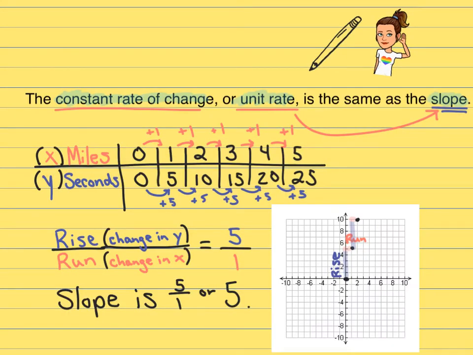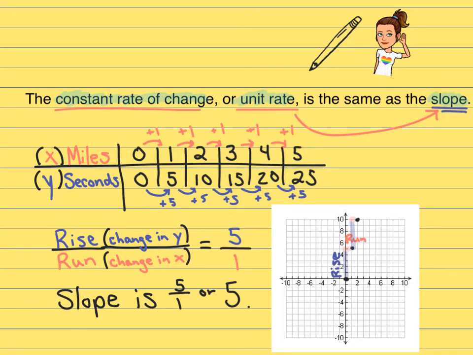It's important for you to know that when we are using this new word, slope, it is connected to what we already have studied. The constant rate of change, or unit rate, is the same as slope. We have been practicing unit rate, which is the constant rate of change, and now we know that that is the same as slope.